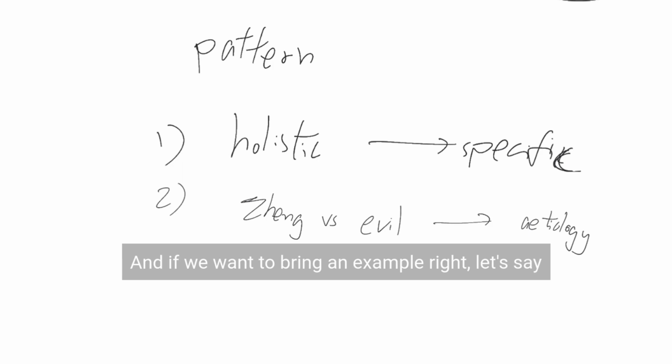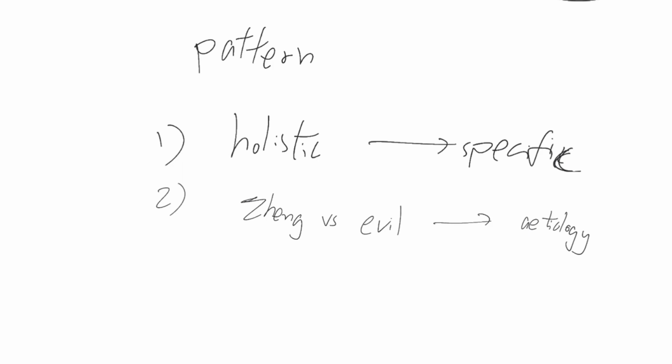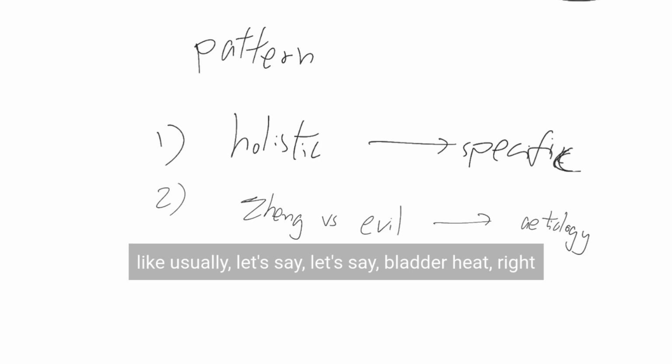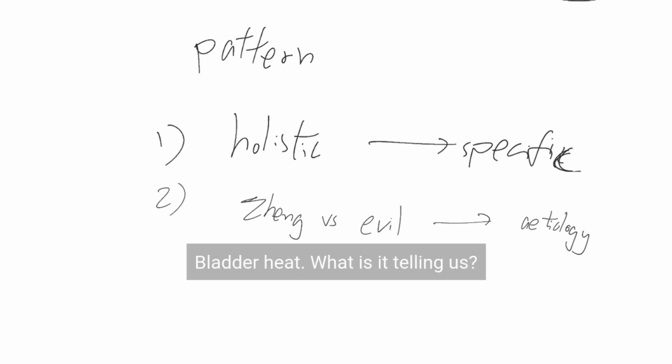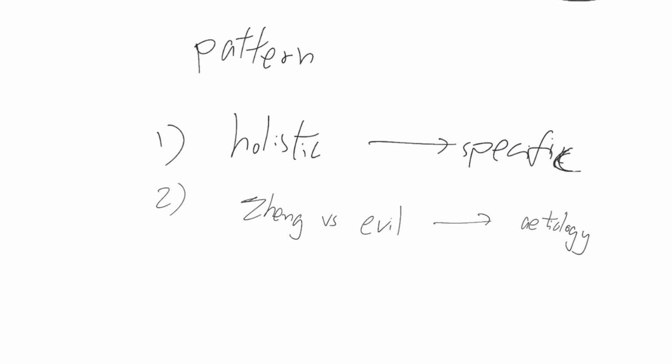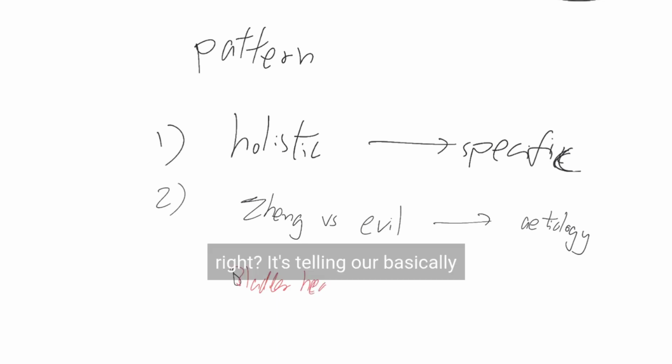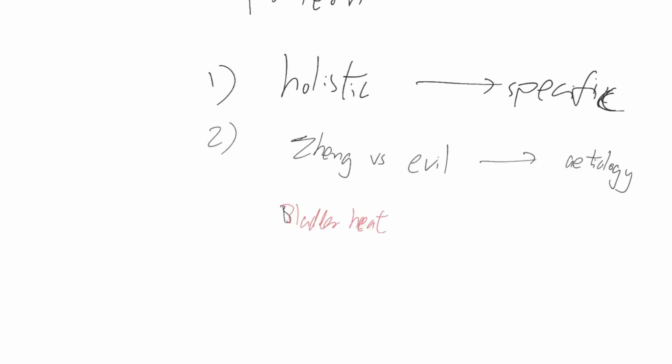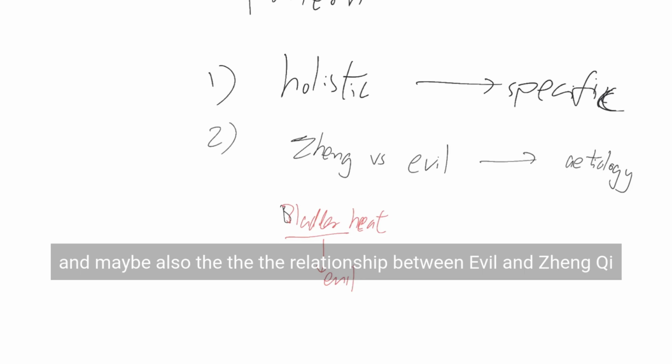And if we want to bring an example, let's say bladder heat. What is bladder heat telling us? Well, it's telling us basically the evil pathogen, that's what it's telling us. And maybe also the relation between evil and zhen qi.